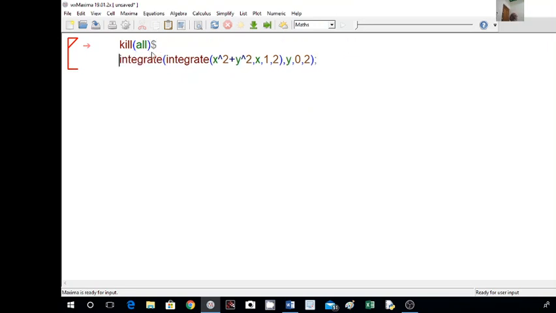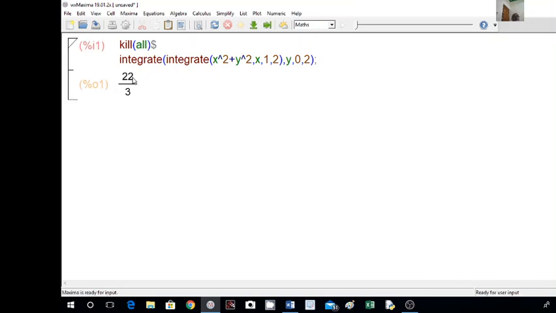So first we write kill(all)$, then integrate x square plus y square, comma. First we are integrating with respect to x, therefore we write x, comma 1, comma 2, close the bracket. Next write comma. This is the evaluation of the first innermost integral. Then we are integrating with respect to y between 0 and 2. Okay, let me execute this.